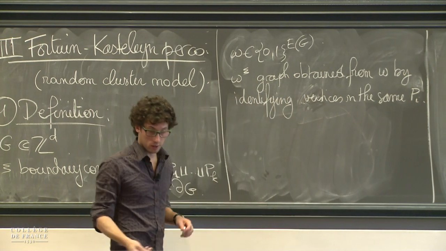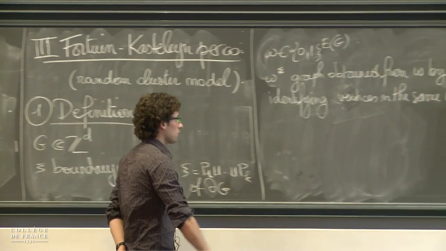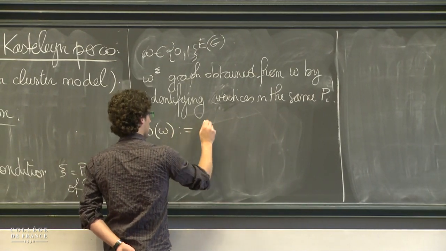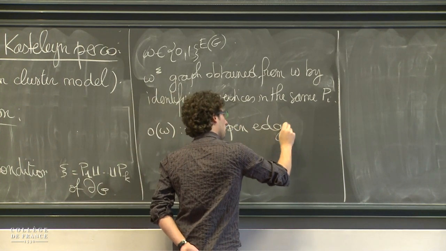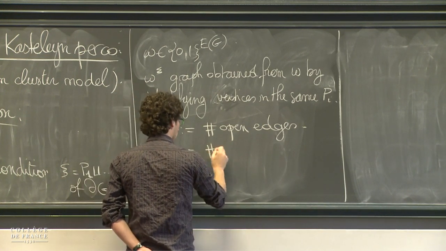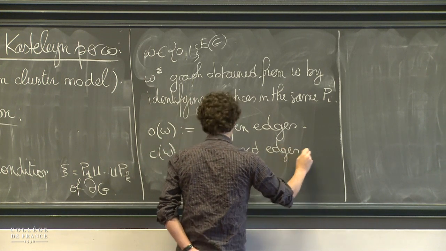So it gives you a quotient of the first graph. And now I'm going to be able to define the model. O(omega) will be the number of open edges, C(omega) is going to be the number of closed edges. This is just convenient notation.